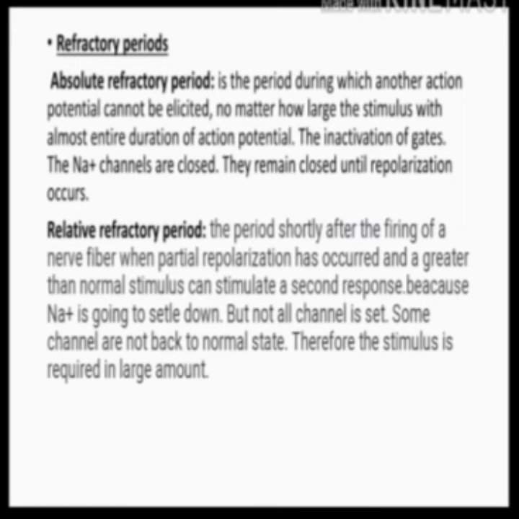When a stimulus is provided to the receptor and it generates the action potential, after generating it, all the sodium gates close, first inactivating and then closing. If we provide another stimulus at that time, it cannot generate a second action potential, because the sodium channels remain closed until repolarization of the first action potential.